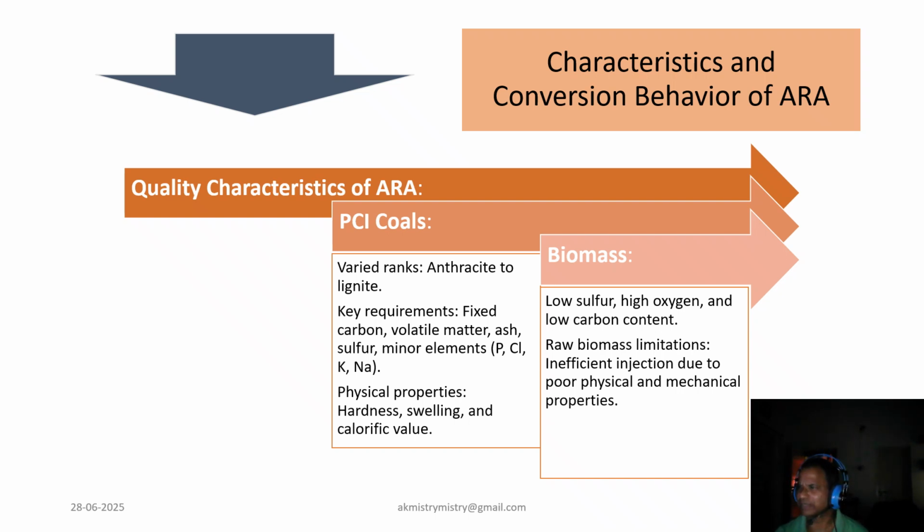Now, what makes a good ARA? Different ARA behave differently. As we know, coal varies from anthracite to lignite. The best ones for injection are those having higher fixed carbon, medium VM, and low sulfur and ash. Biomass is also eco-friendly, but comes with downsides: high moisture, low density, poor grindability.